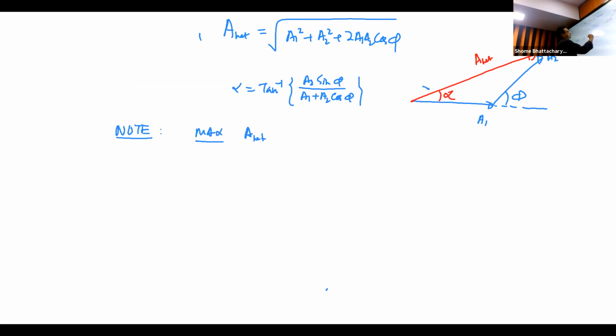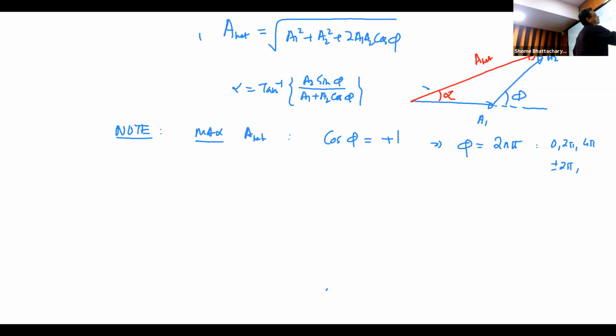That is when cos phi has the maximum possible value, which is positive 1, which is when the phase difference phi is of the type 2n pi, or it is 0, 2 pi, 4 pi, in fact plus minus of all this. Plus minus 2 pi, plus minus 4 pi. So n can be any integer over here. n is the set of integers. So when this situation happens, cos phi is equal to plus 1. So we get the maximum value of net amplitude.